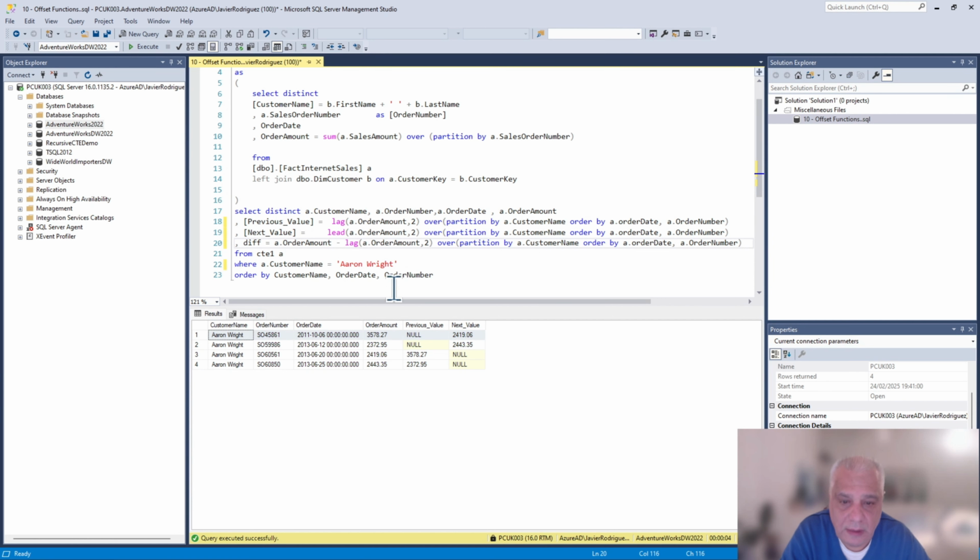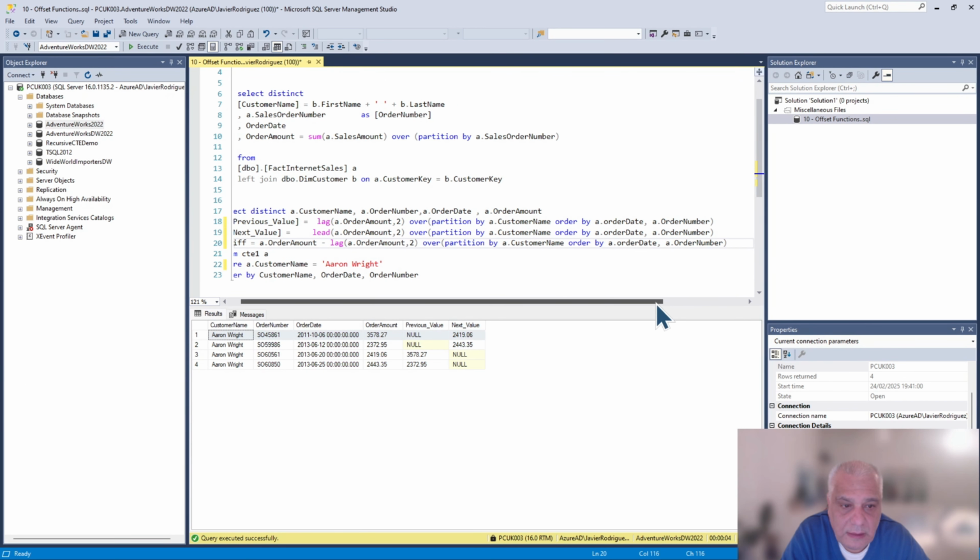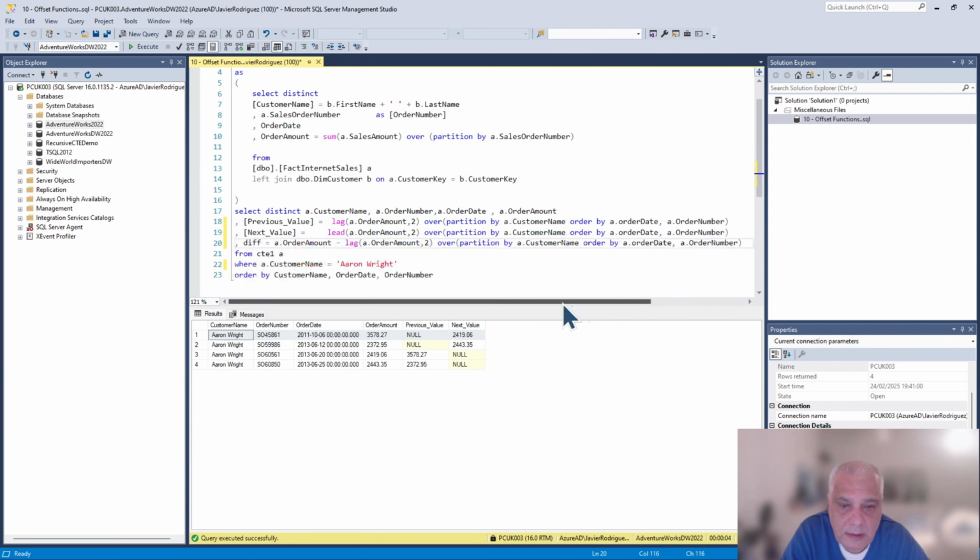So in this case, the difference: 3,578 minus null is null, 2,372 minus null is null.